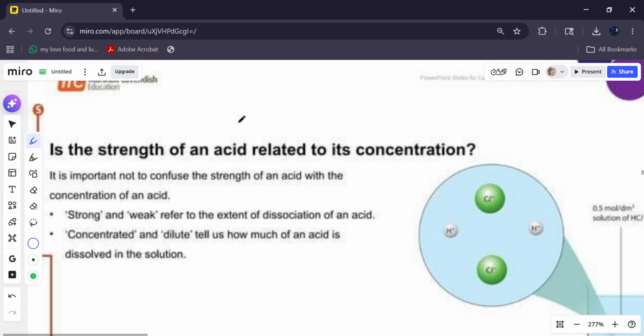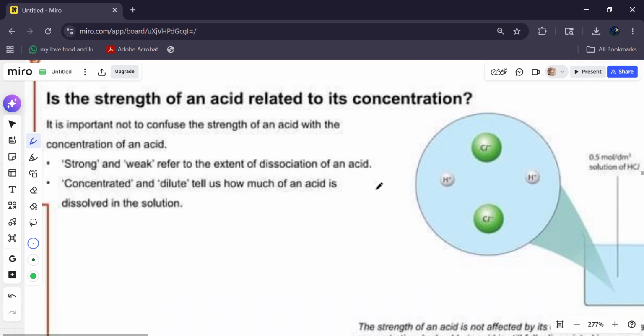In a solution, some of the acid can be mixed in with different types of other molecules or elements. So concentration explains how much of the acid molecules are in the solution, and dilute means that there's too little of the molecules in the solution. So concentration and strength of an acid mean two different things.